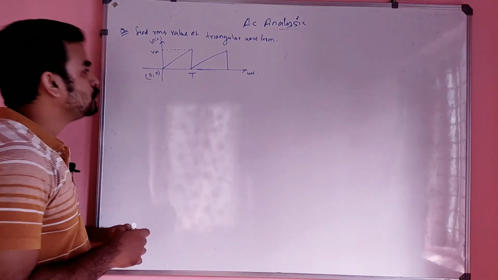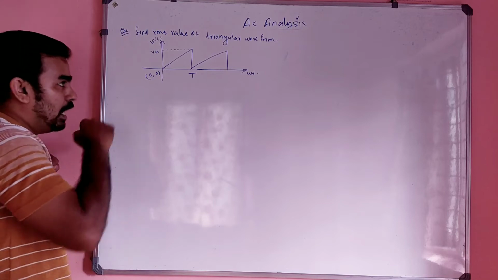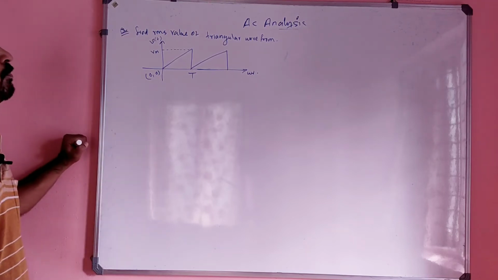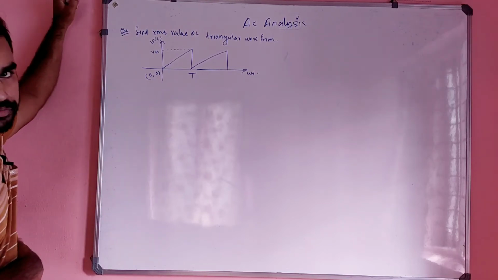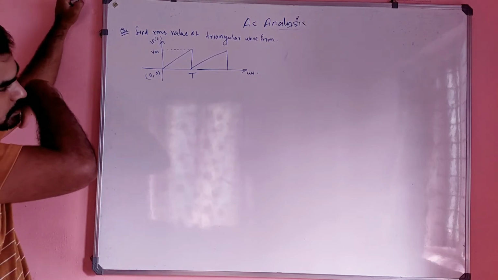How can we solve such a question? We have to find the RMS value of a triangular waveform. Okay, triangular waveform. How can we solve this?